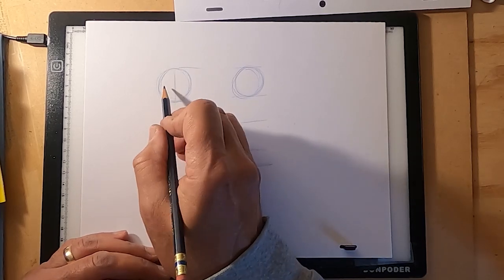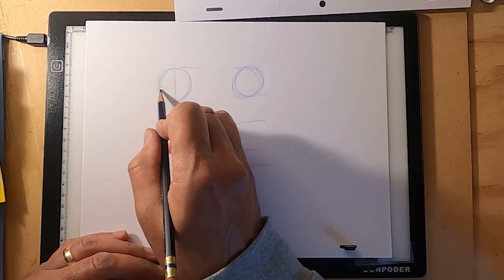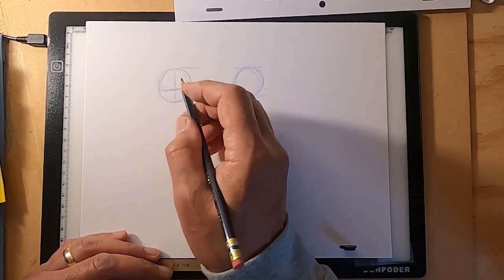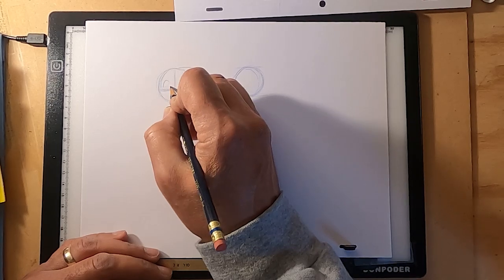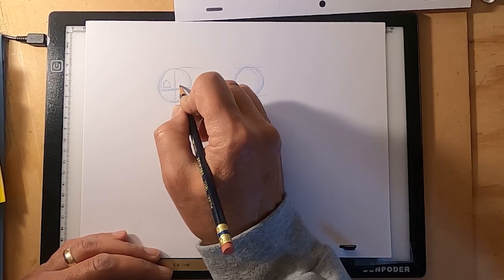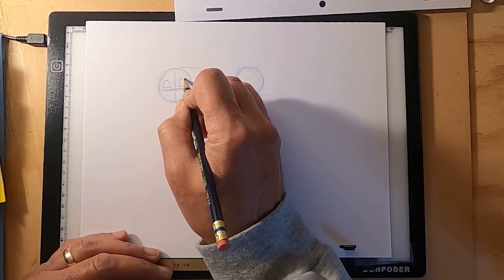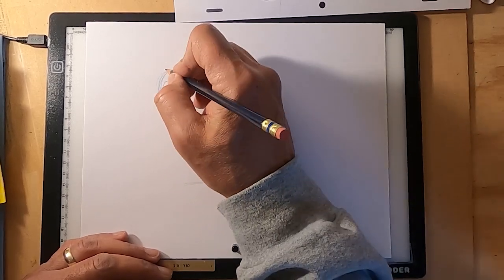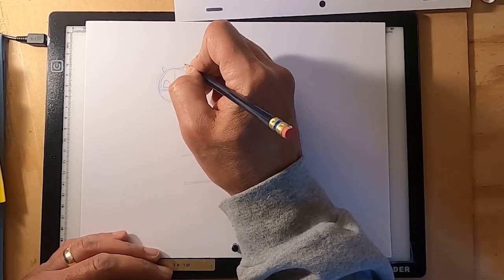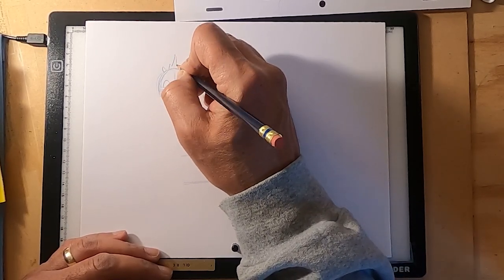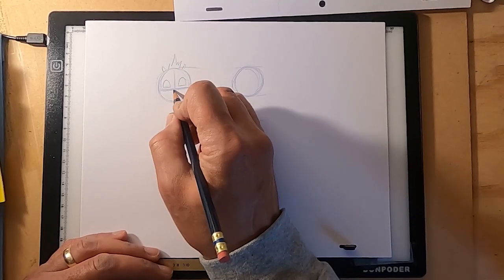So we would bisect the head. We might move the mask down a bit like this so we can make his eyes bigger. And then the horns on the side plus stuff on the top.